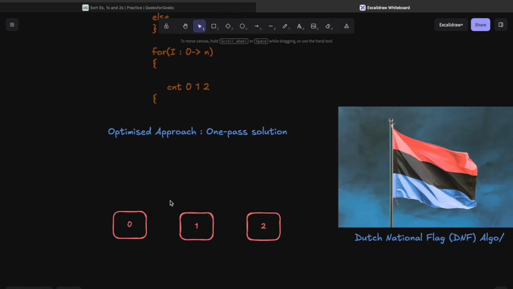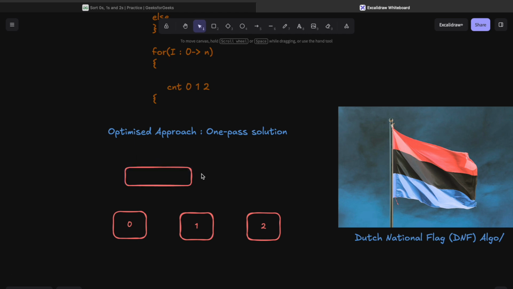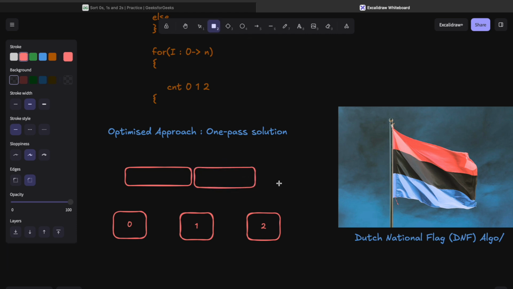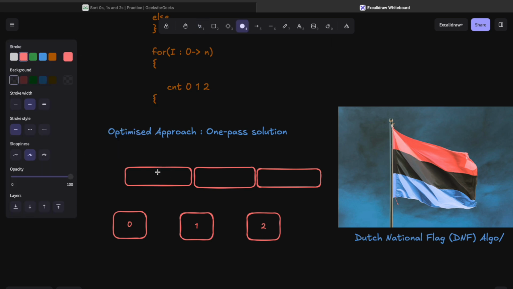The first thing that we need to understand for this optimal approach is we can just imagine that ultimately we will have zeros, ones, and twos, right? This part will contain the zeros, this part should contain the ones, and this part should contain the twos.